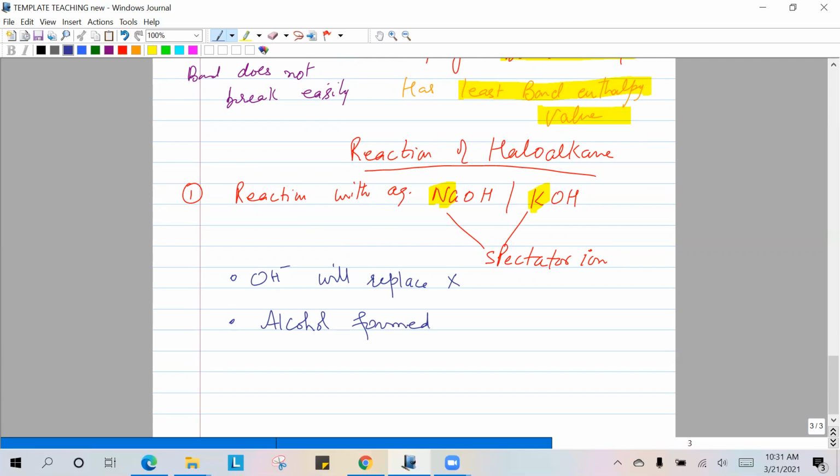Then the reaction condition, if they ask you, you need to simply say aqueous condition, that means dissolved in water, and then heat under reflux.